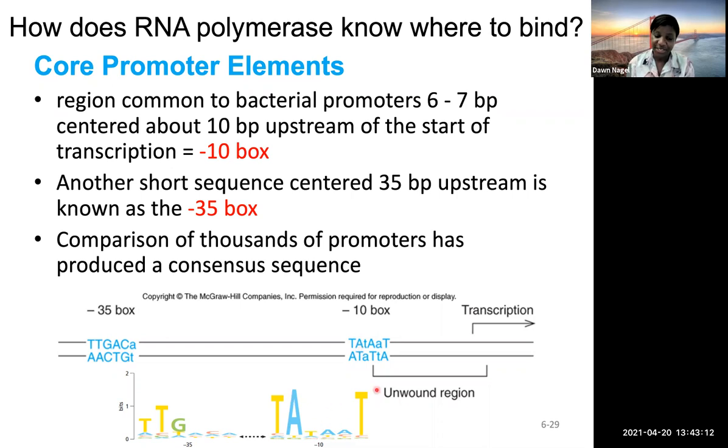These three positions can vary, and that's why it's like lowercase here and lowercase here, and then A and T here. So this can also vary, and this T is almost always present at this location, okay? So that's how consensus sequences are determined based on how often you find, if you look at 20,000 bacterial promoters and you look at this position, how often do you see a T relative to the other bases, right?